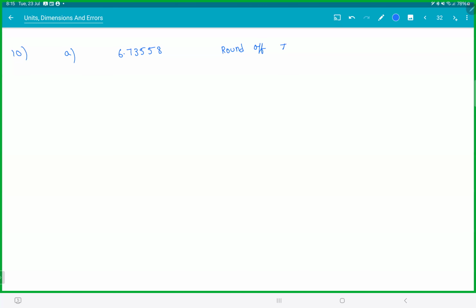Round off this to 5 digits, 4, 3, 2, 1 digit.